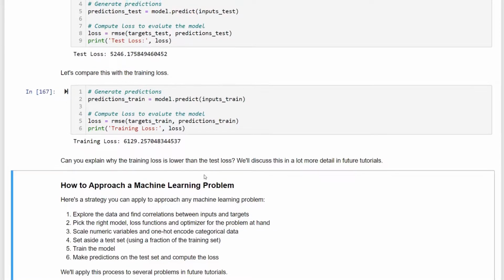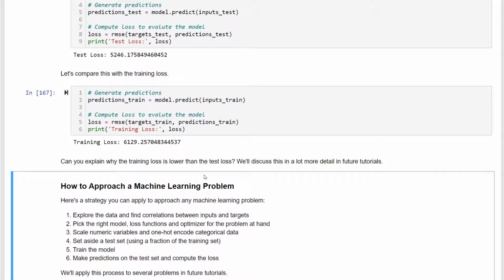What we have done till now in the regression part was explore the data, find the correlation between the inputs and the targets, and pick the right model, loss function and optimizer for the problem at hand. We have seen different models as well. I used XGB booster for finding the correlation and model selection for the linear regression model.